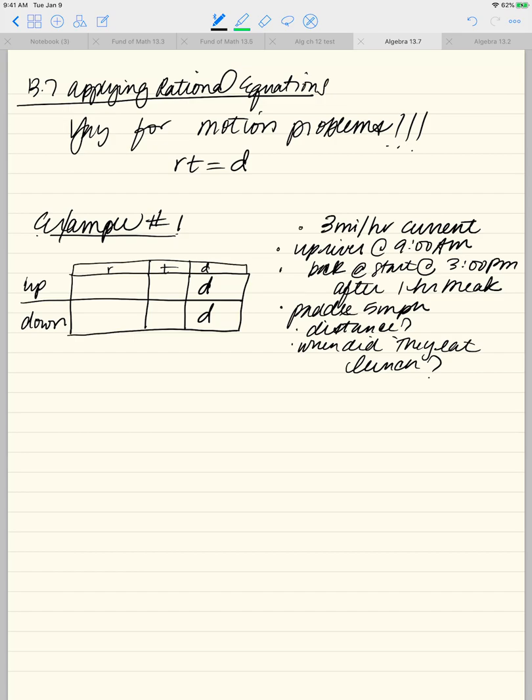We know that they were back at their start at 3 p.m. after starting at 9 a.m. So they were gone for a total of how long? They were gone for a total of 6 hours. And somewhere in the midst of that, they took a 1-hour break.